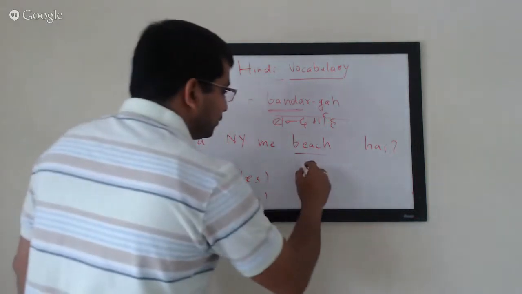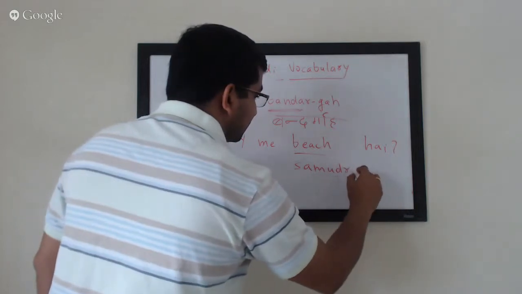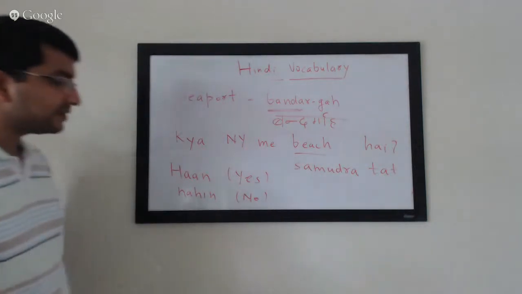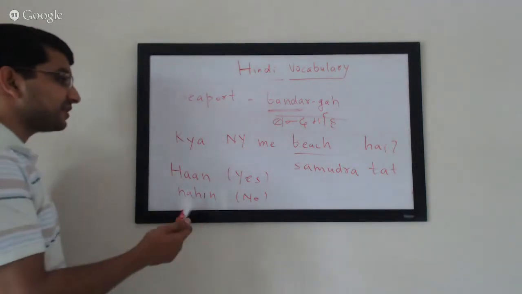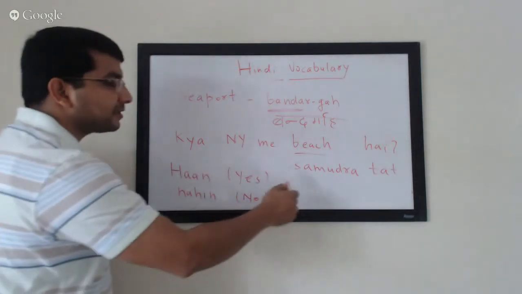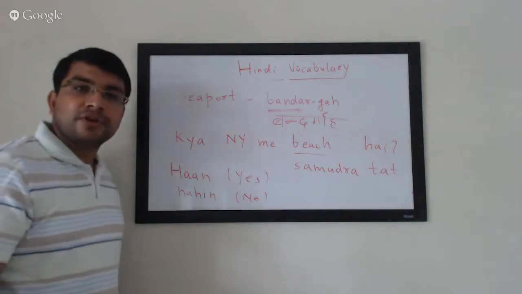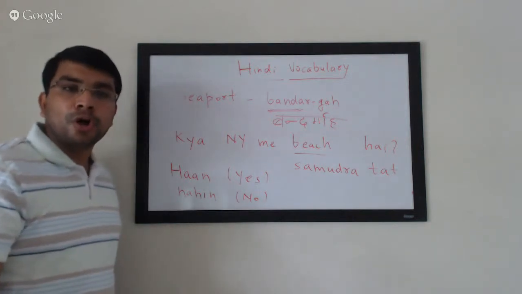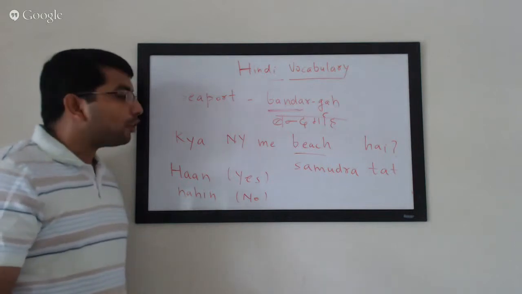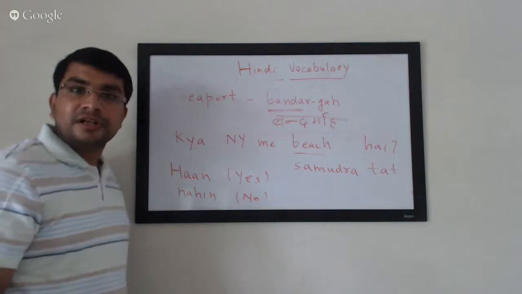Or you can say समुद्र तट. I know one of the panelists is from Brazil, so I can ask her this question: क्या ब्राजील में beaches हैं? क्या ब्राजील में समुद्र तट हैं? This is a question where you have to respond either yes or no. So you can say हाँ, ब्राजील में beaches हैं और समुद्र तट हैं, or you can say नहीं, ब्राजील में समुद्र तट नहीं है.